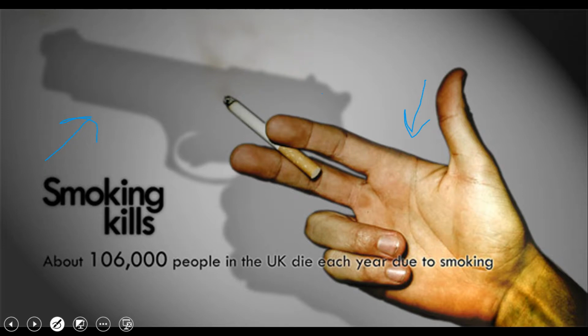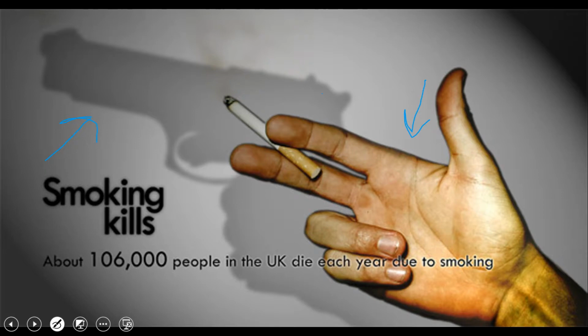The second thing that we're noticing here is the hand. Plenty of us know that you can make a gun out of your hand, a little fake toy gun or whatever, right? And so the way the hand is holding the cigarette is the same way that you would hold your hand to pretend that you had a gun.